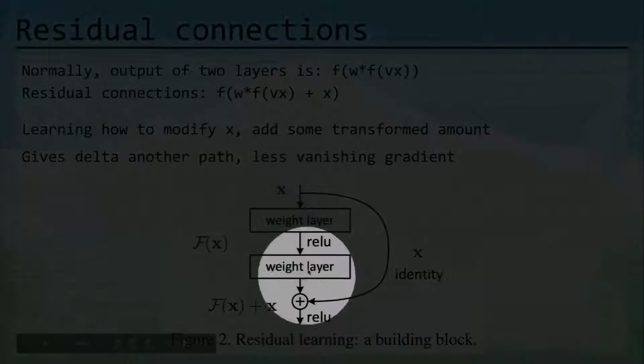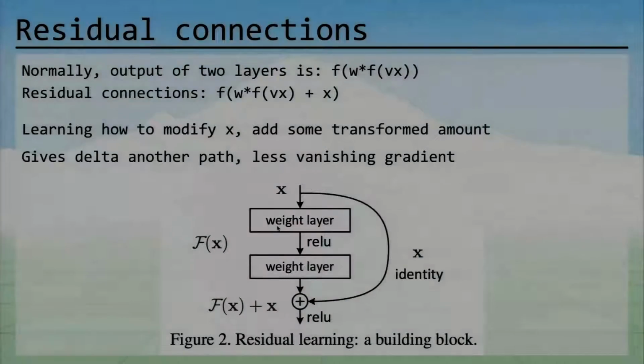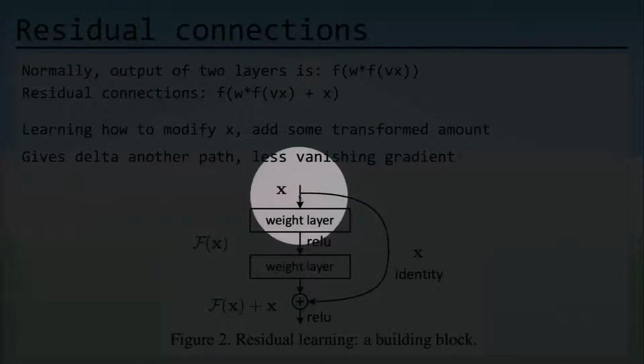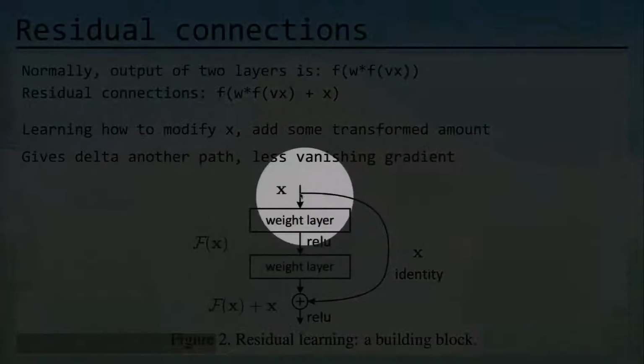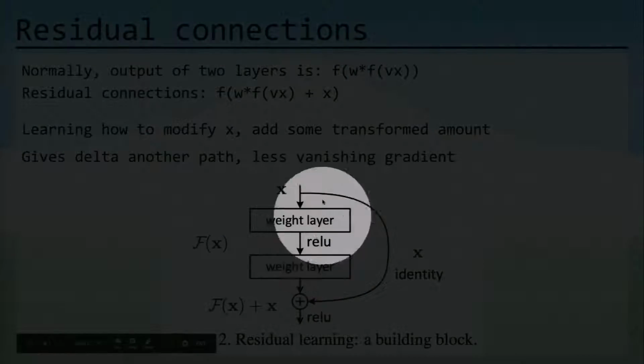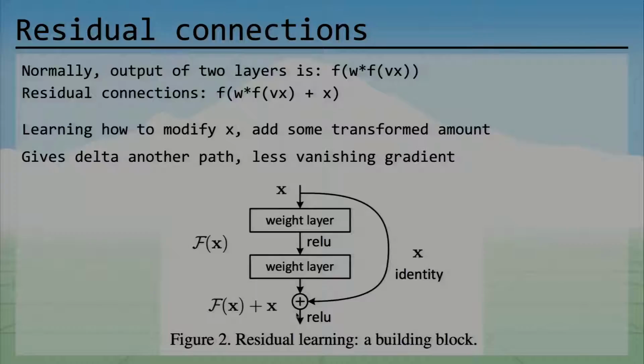Going into this residual block, we're going to feed the output of the previous layer into the next layers, but we're also going to take that and route it around. And now we have this new function where, if these layers are calculating f of x, the output of our residual block is going to be f of x plus x.